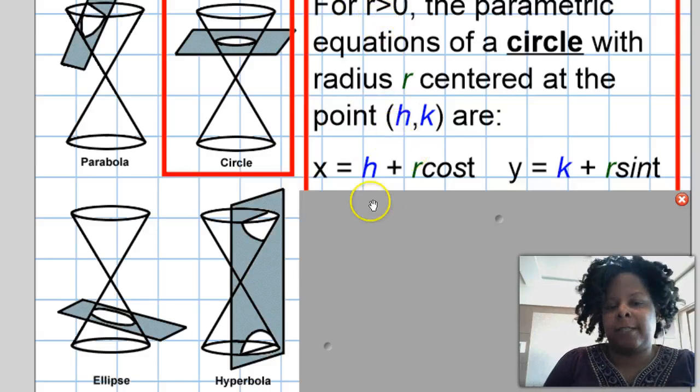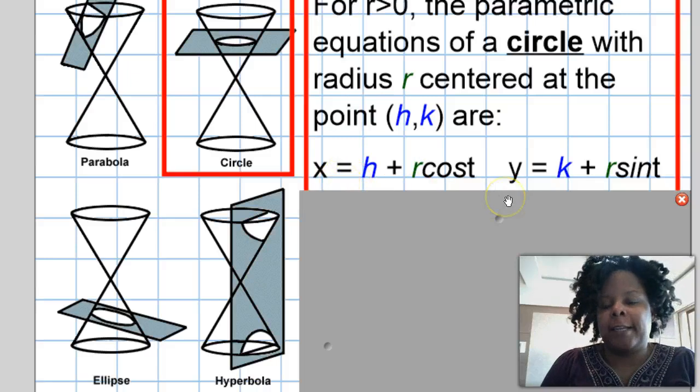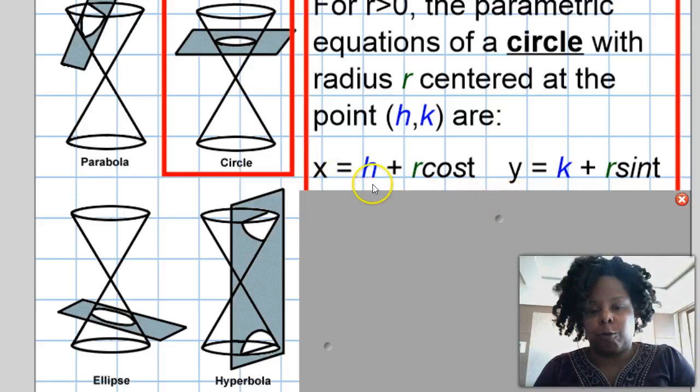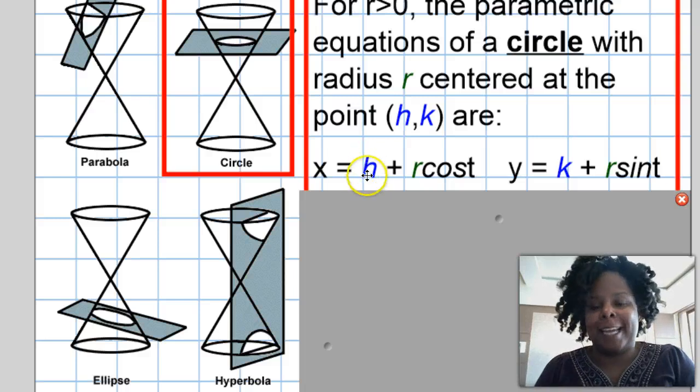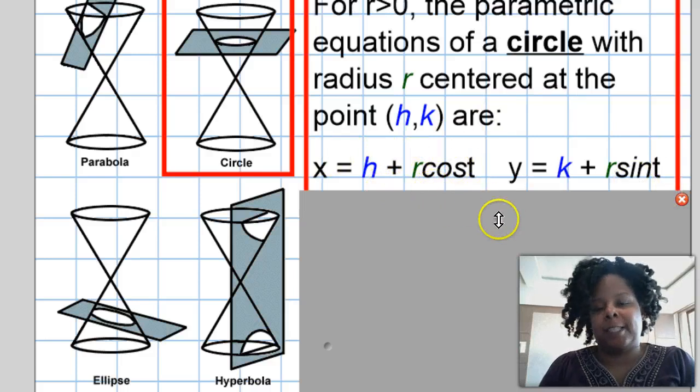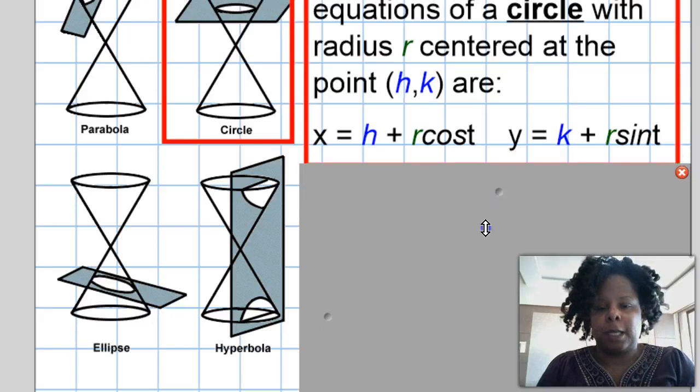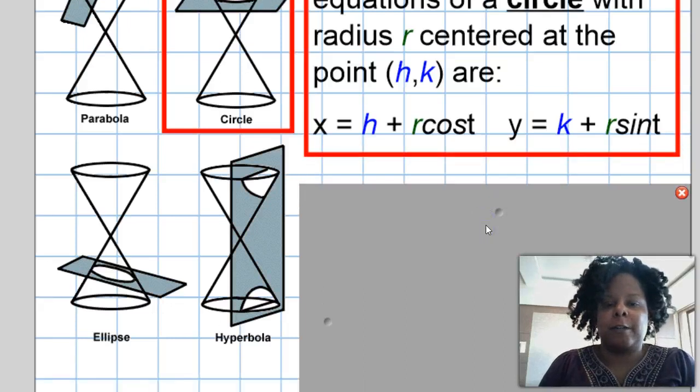So for this general form, I can easily move it to the original form of the previous example: replace h and k with 0 and replace r with 1, and we'll end up with the exact same set of parametric equations.